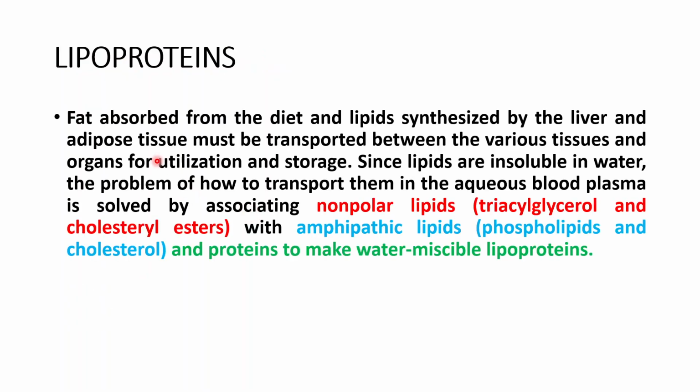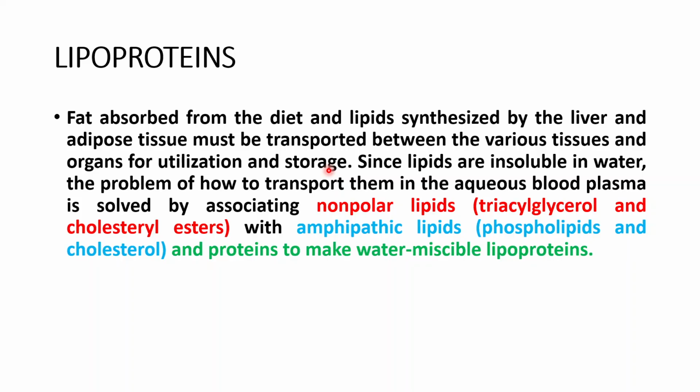Then fats absorbed from the diet, and lipids synthesized by the liver and adipose tissue must be transported between the various tissues and organs for utilization and storage. As we are taking lipids from the diet, and they are also synthesized in the liver and adipose tissue, they must be transported to various tissues for utilization and storage.